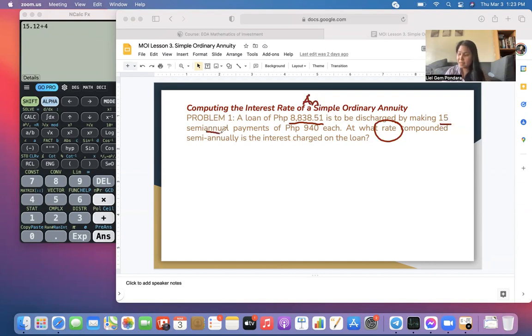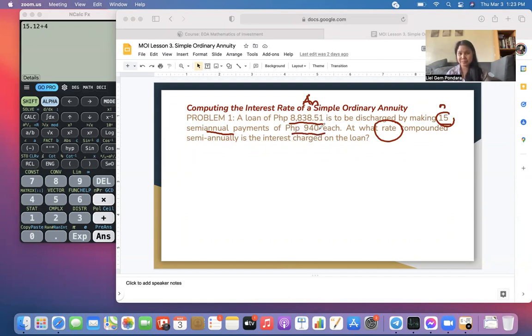15 semi-annual payments. What is 15 here? Good, it's n. No longer T, no longer R, because remember, n is asking us how many payments there will be. So 15 is n. Next, how about 940?